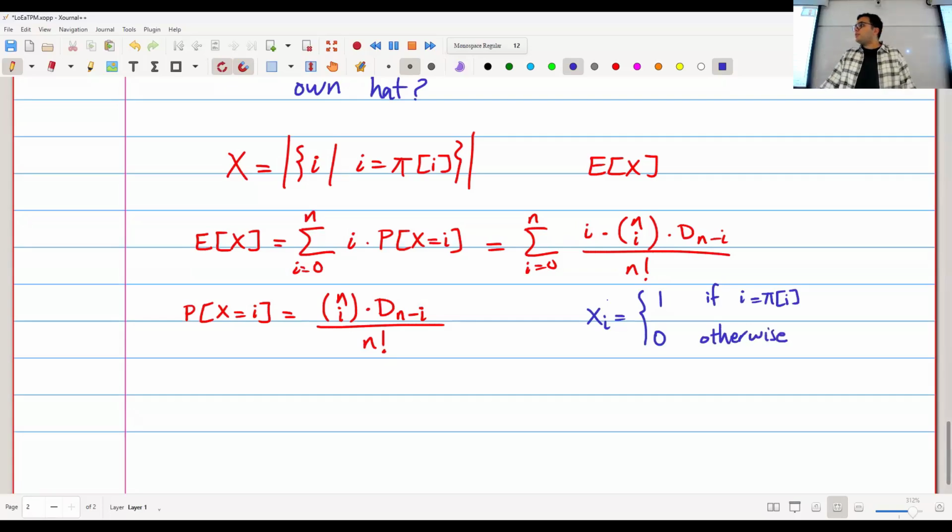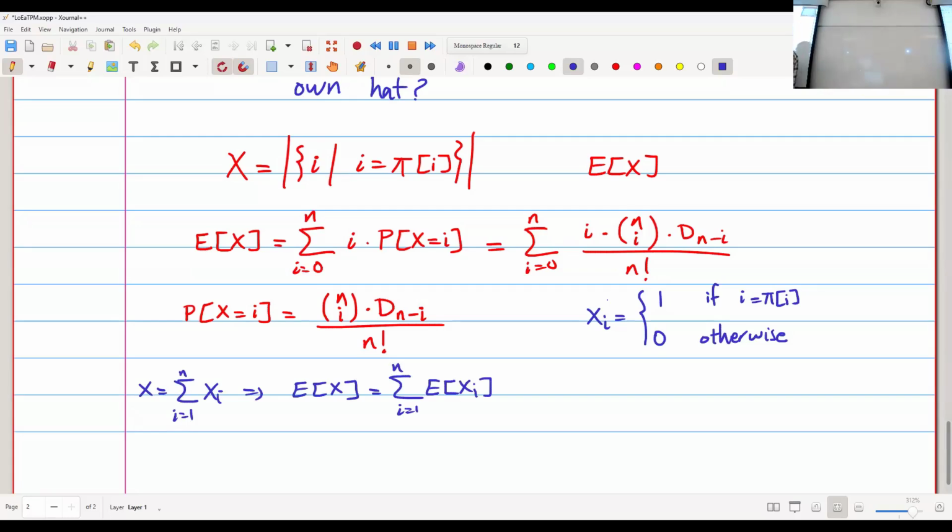And of course, again, my X is the sum of my Xi's. So because X is the sum of i from 1 to n of the Xi's, I also know that the expected value of X is just the sum of i from 1 to n of the expected value of Xi. What is the expected value of Xi?